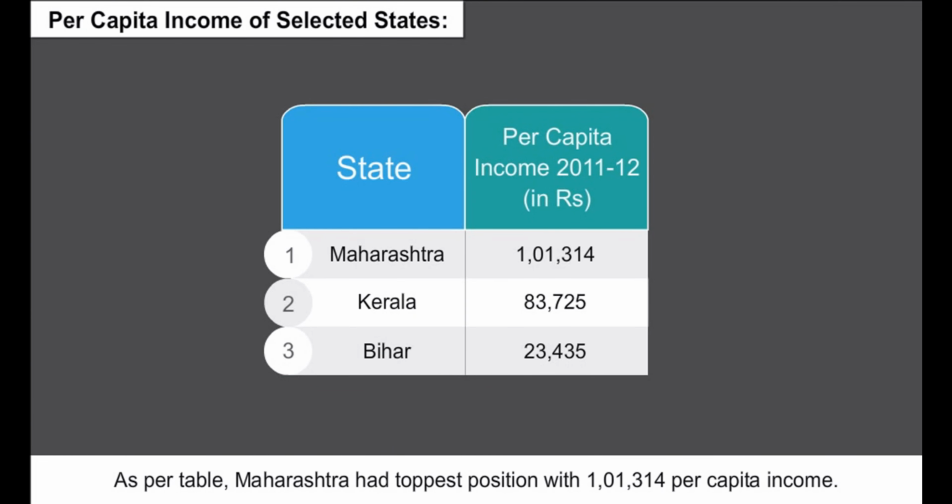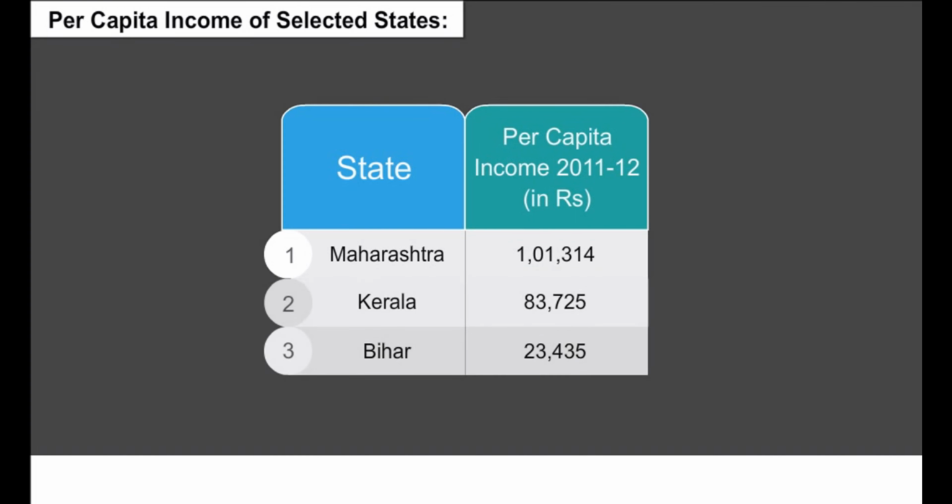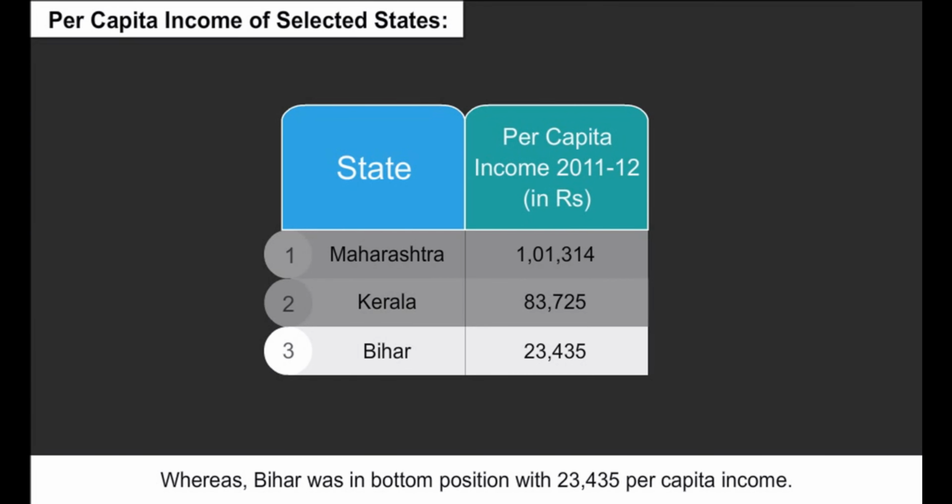As per the table, Maharashtra had the topmost position with 1,01,314 per capita income, whereas Bihar was in the bottom position with 23,435 rupees per capita income.